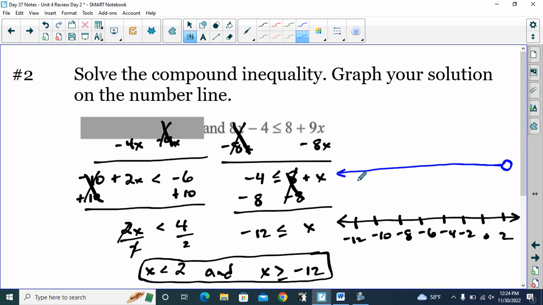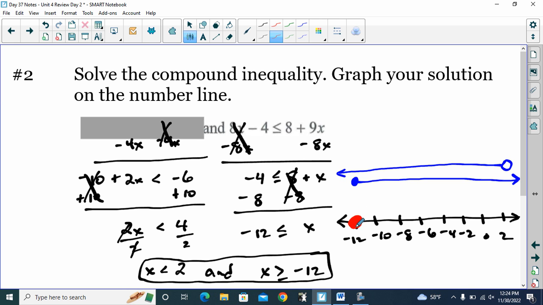And x also has to be greater than or equal to negative 12. So I'm graphing each one. And I am looking for where do both of those things occur. And notice both of them occur in between the negative 12 and the 2.